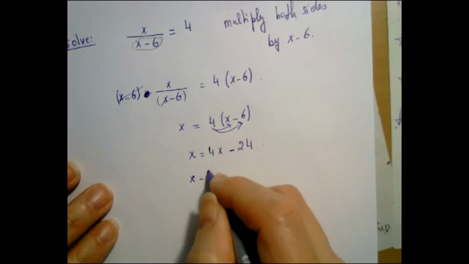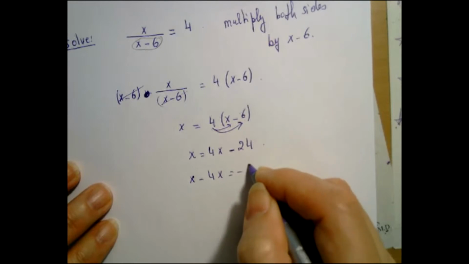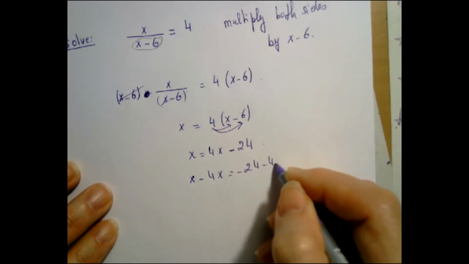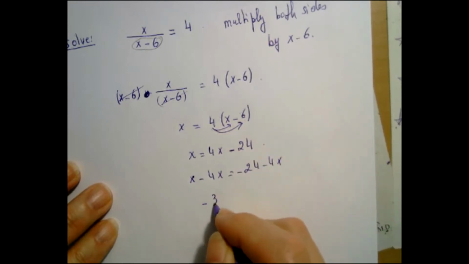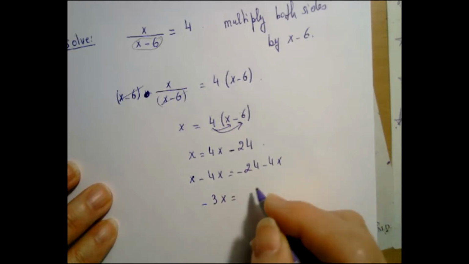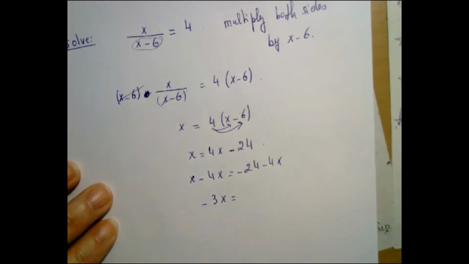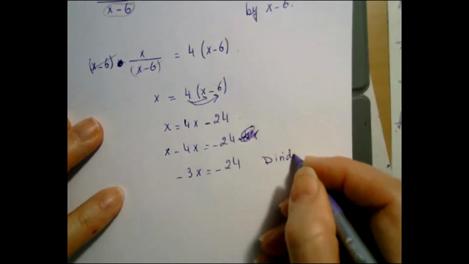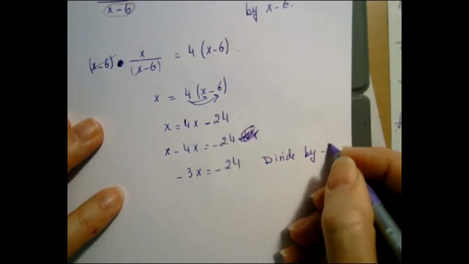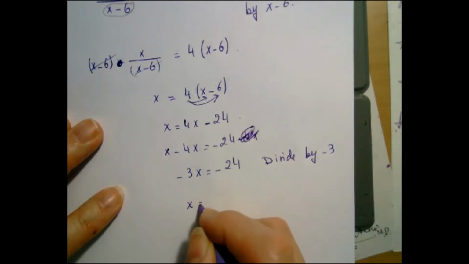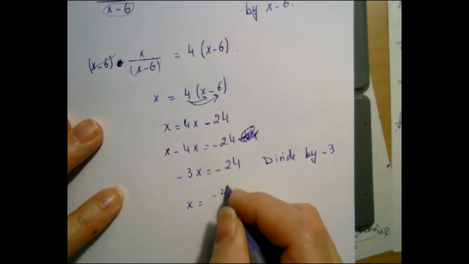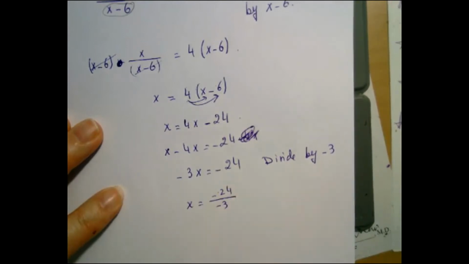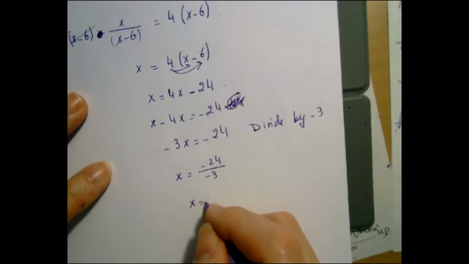So I subtract x from both sides, which gives me minus 3x equal, sorry, my apology, equal minus 24. And then I divide by minus 3. And this will give me x equal minus 24 over minus 3, x equal to 8.